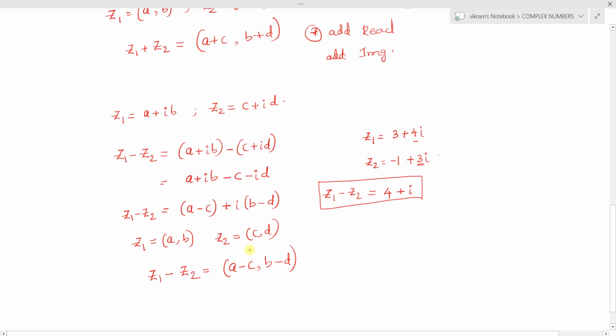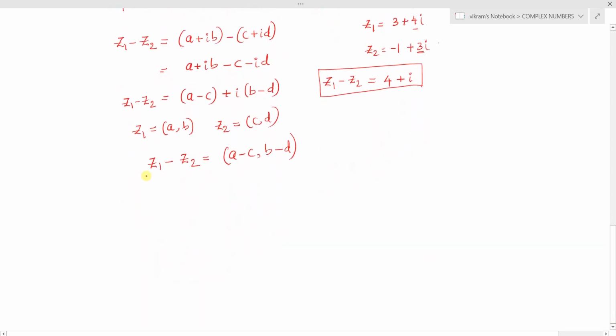And here we need to consider one more important thing. Whatever we performed z1 plus z2, we obtained as a plus c plus iota times b plus d, whereas z1 minus z2, we obtained as a minus c plus iota times b minus d.